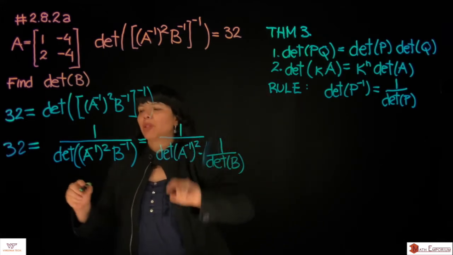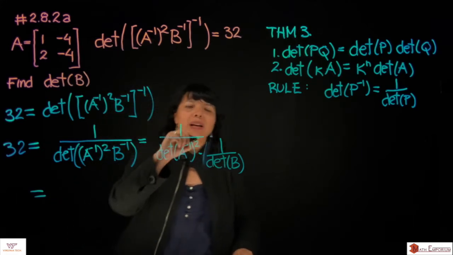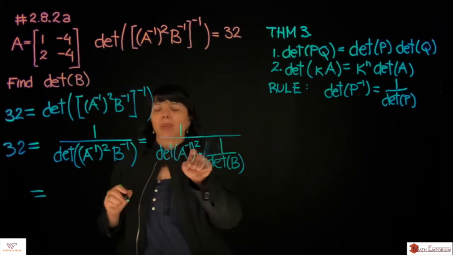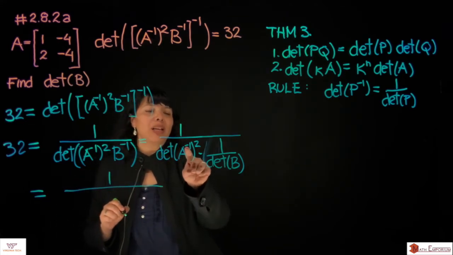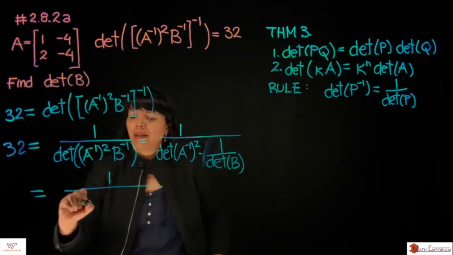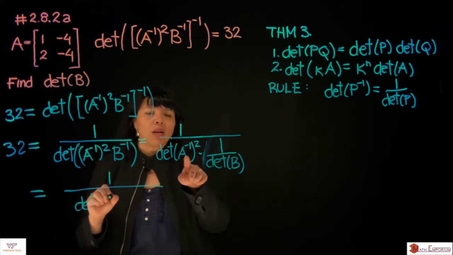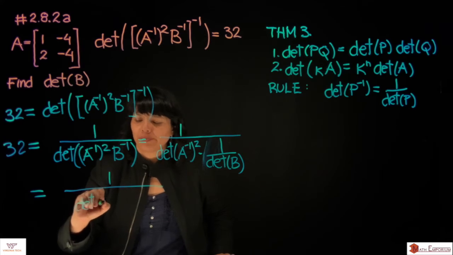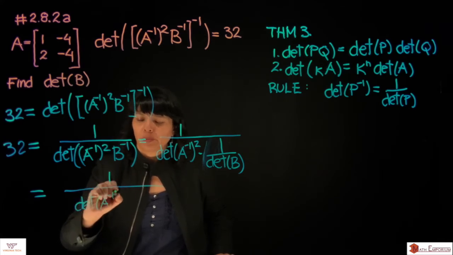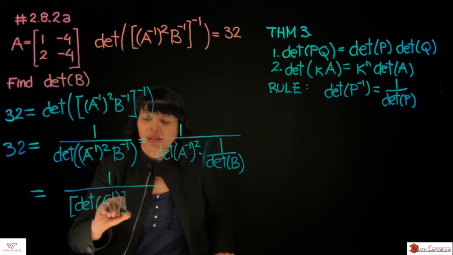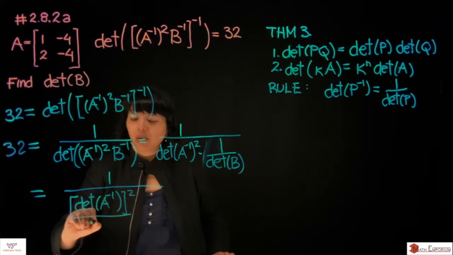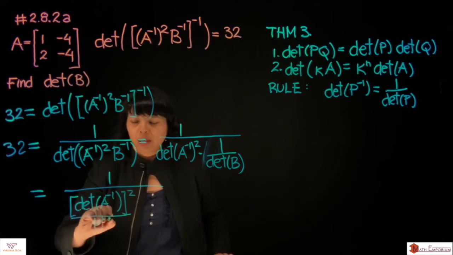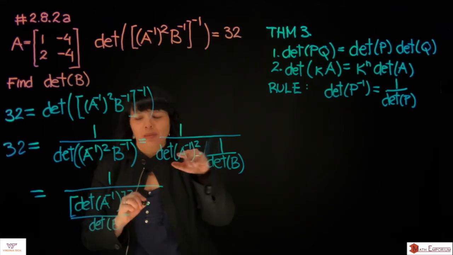And we're going to do one more step to simplify this part. So this is 1 over the determinant of A inverse, this number squared, and then I'm just going to put this one underneath here, over the determinant of B, right?